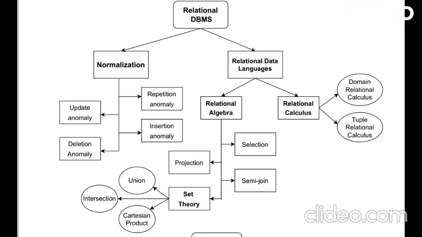The union of sets is a set containing all elements that are in A or in B, possibly both, whereas the intersection of two relations R and S consists of the set of all tuples that are in both R and S. The Cartesian product of two relations R and S is a set of tuples where each result is a concatenation of one tuple of R with one tuple of S, for all tuples of R and S.